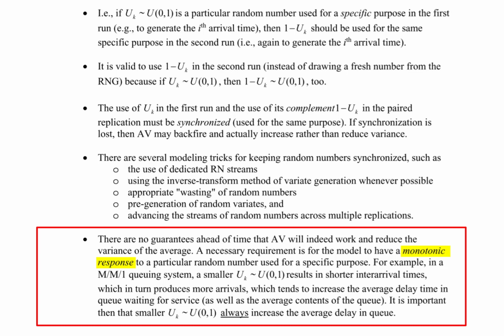For example, in an M/M/1 queuing system, a smaller U results in shorter inter-arrival times, which in turn produce more arrivals, which tends to increase the average delay time in queue waiting for service, as well as the average contents of the queue. It is important then that smaller U always increase the average delay in Q.